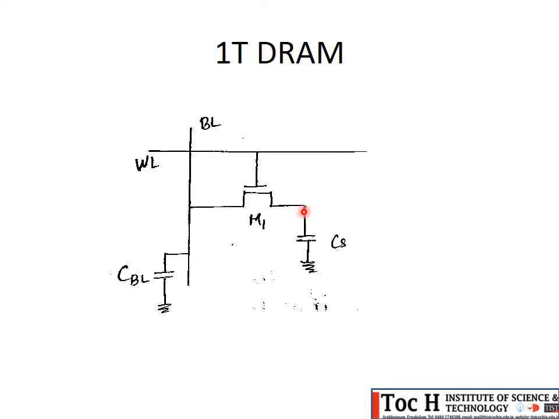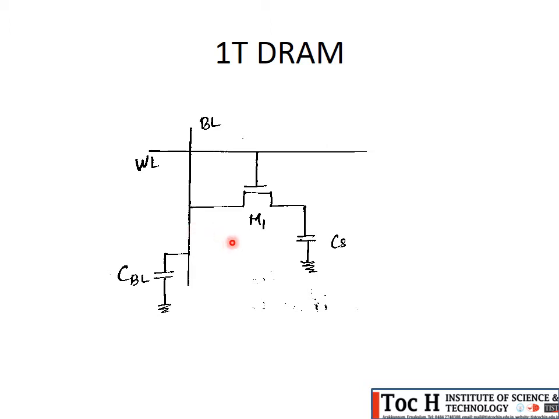So the voltage at this point is more than the voltage at this point. What happens then? The voltage starts to share to the bit line, so the voltage at this point increases from VDD by 2 to a little more. We can say a positive voltage change can be seen in the bit line.